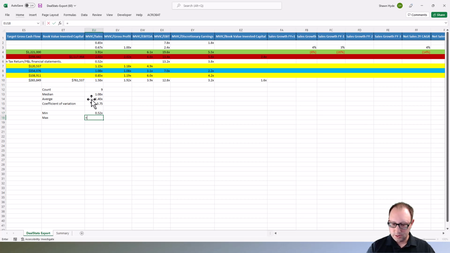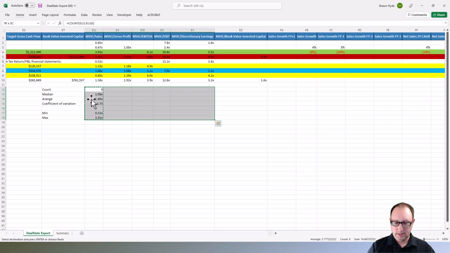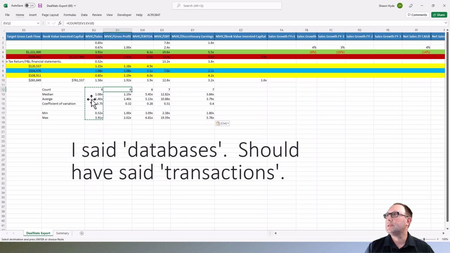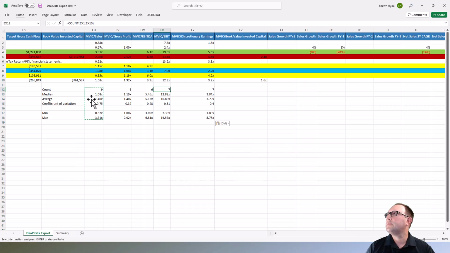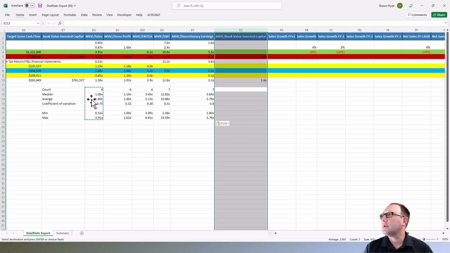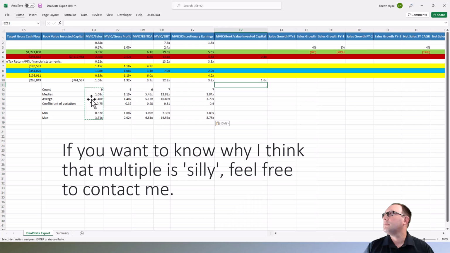I like to know the range: what's the biggest and what's the smallest? So I'm going to copy these across there. You can see there's only 6 databases that reported EBITDA multiples. There's 7 that did EBIT, 7 that did discretionary earnings. And I'm ignoring the market value of invested capital to book value multiple because I think that one's silly. Plus there's only 2 of them that reported.